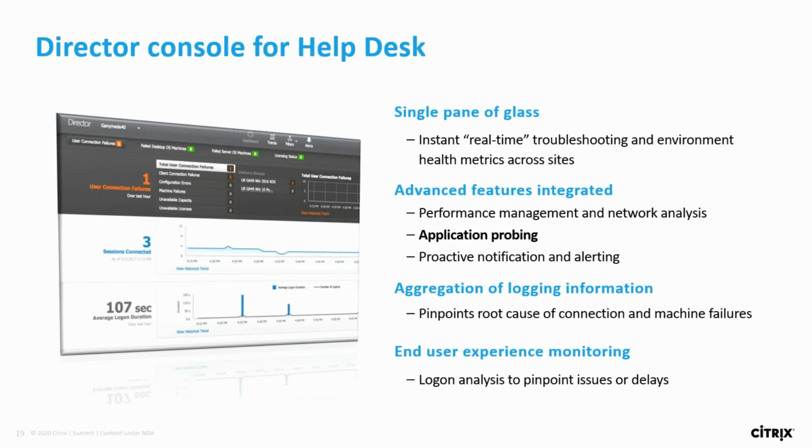There's a good use case for that that we're going to talk about a little later on, around Teams and a way that we can help you troubleshoot Teams from Director. But I think it's a good one to shout out, and people will know it as the monitoring tab under the Virtual Apps and Desktops service.